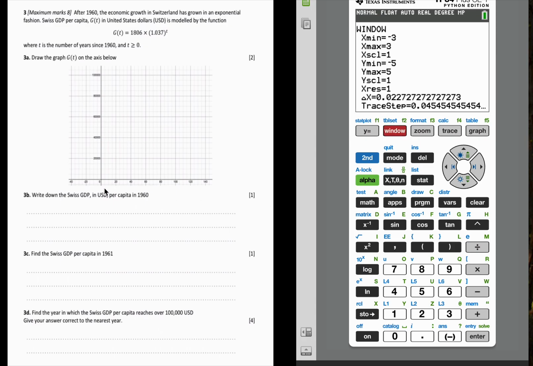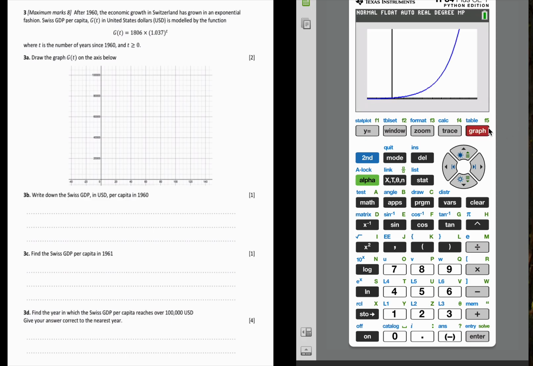So I should change my window to what we have here, which goes from -40 to 140 on the x-axis. And then on the y-axis, we don't have any negative, and it goes all the way up to 100,000. So I'm actually going to leave it at -5 so that I see the axis, and it goes up to 100,000. And it looks something like this.